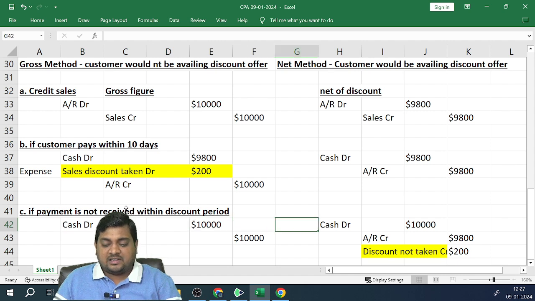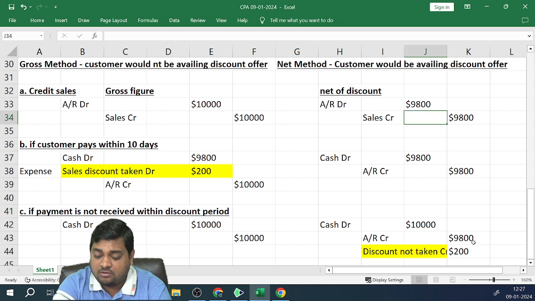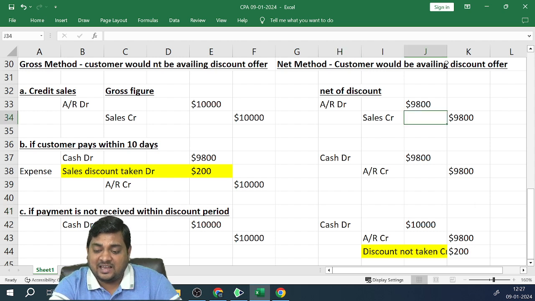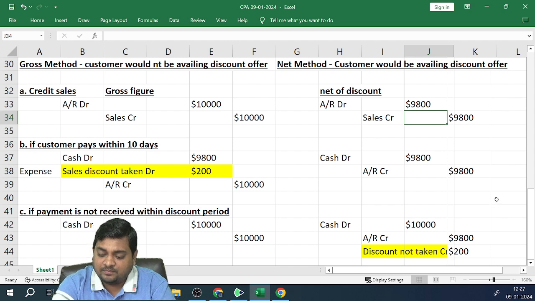Now under the net method, since I have recorded AR at net, if money is collected within the discount period, no problem. But if money is not collected within the discount period, then in that case we are going to collect more. And since we have recorded sales at net of discount, we can't increase sales again. So what are we going to do here?